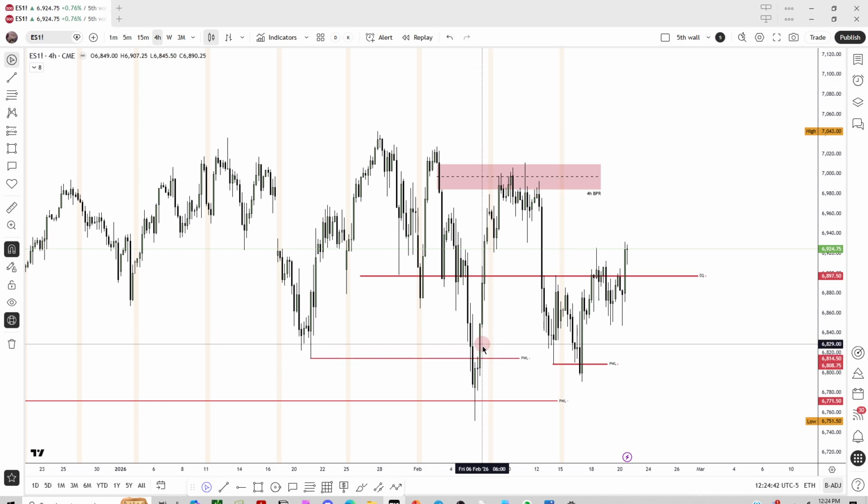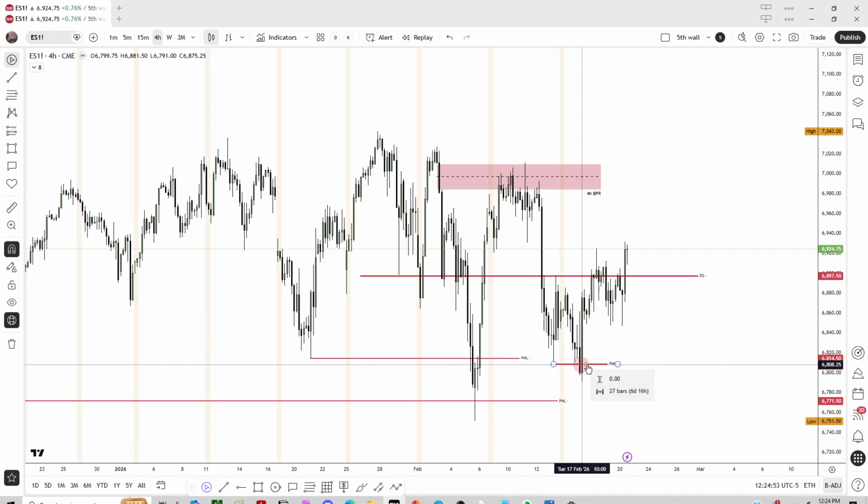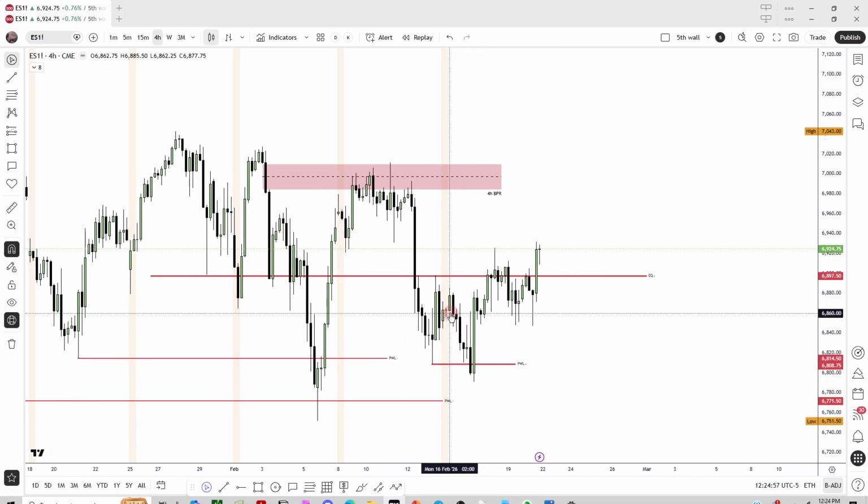This bullish fair value gap here. Push back up above equilibrium. Pull back down. Take out the previous week's low, right? So if you think about it, this week's opening price should be somewhere around here. Previous week's opening is here.